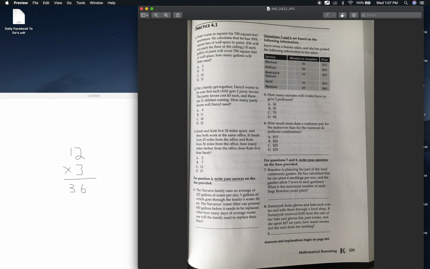So we do need this number because this is how much he needs to paint. Okay? This is additional information we don't need. He will not paint the floor or ceiling. If each gallon of paint will cover 350 square feet of wall space, how many gallons will Peter need?